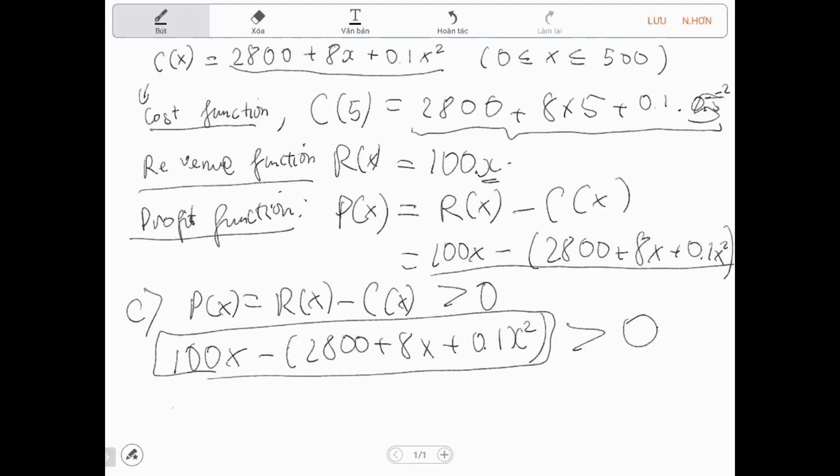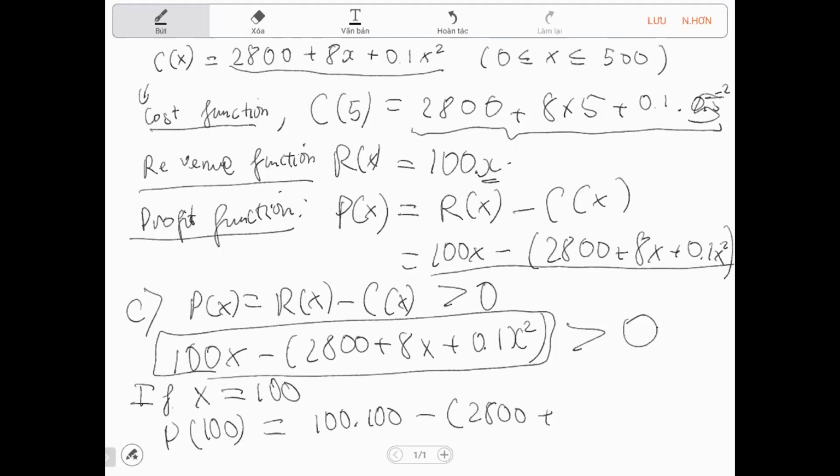For example, you can choose x equal to 100. If I make 100 units, what is the profit that I have? P(100) equals 100 times 100 minus 2,800 plus 8 times 100 plus 0.1 times 100 squared.